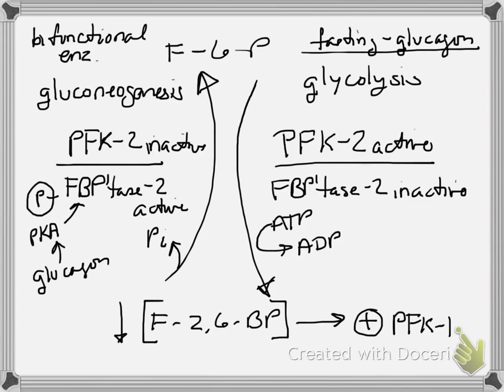By phosphorylating the enzyme, let me put this up here to indicate that the whole enzyme is being phosphorylated, that is going to turn on the fructose bisphosphatase activity and inactivate the kinase activity. So now we can convert fructose 2,6-bisphosphate to fructose 6-phosphate, reducing the activator's concentration in gluconeogenesis.